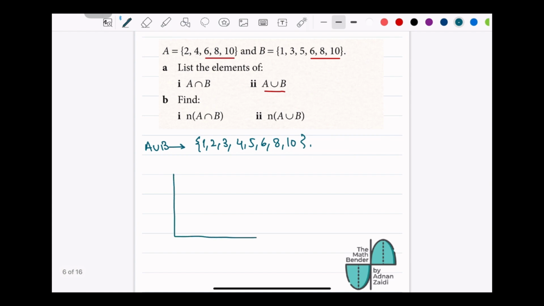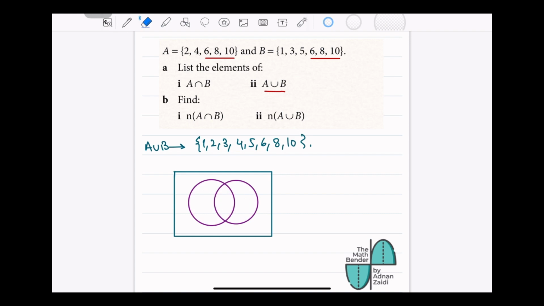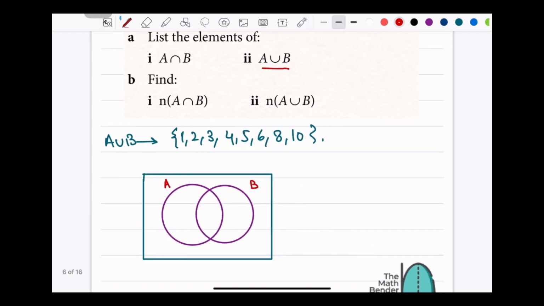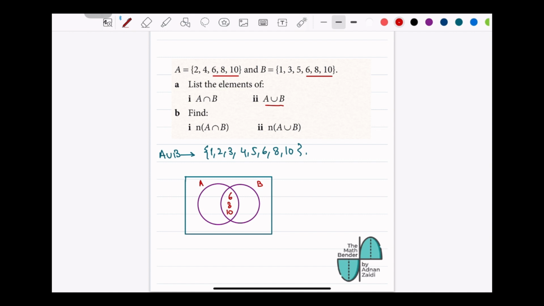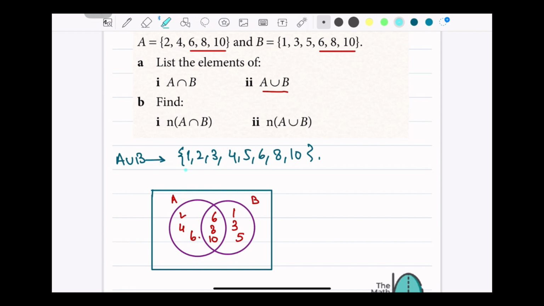First I draw two sets, set A and set B. Now, this is A and this is B. Writing down the elements, this region here represents the common elements, which we will talk about in a while. 6, 8 and 10 are common in A and B both. 2, 4 are present only in A and 1, 3, 5 are only in B. So when you are to shade A union B, all of these elements, you shade the whole thing.